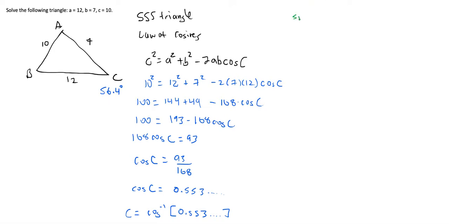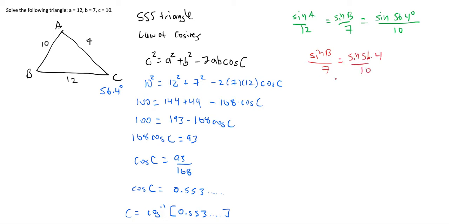So the sine of A over 12 equals the sine of B over 7, which equals the sine of C, which we know now, 56.4 degrees, all over 10. It doesn't really matter which ratio we use. We'll just use the first one we see and solve for the sine of B. So sine of B over 7 equals sine of 56.4 over 10.